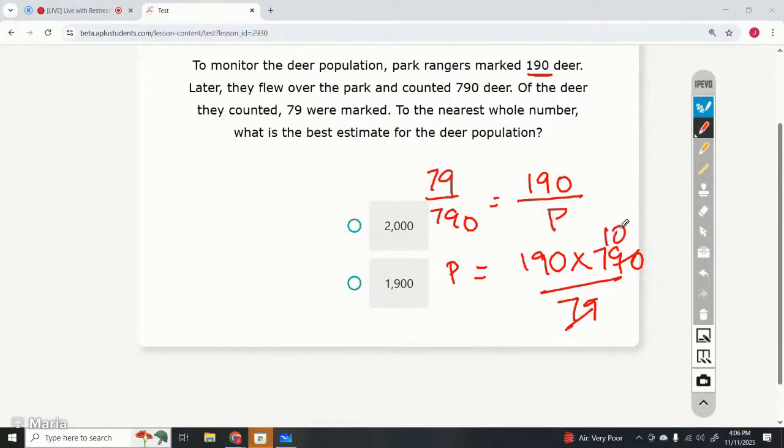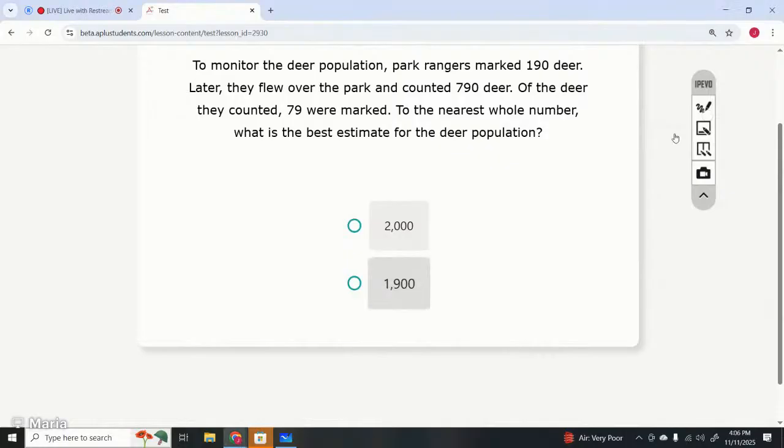So 79 times 10 is 790 and 10 times 190 is 1900. So that means 190 were marked out of 1900. The correct option is 1900. Option number 2 is the correct option.